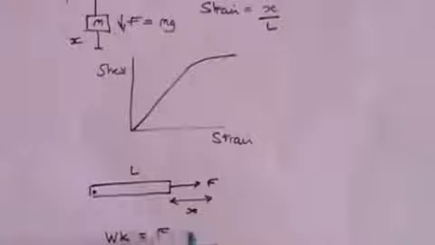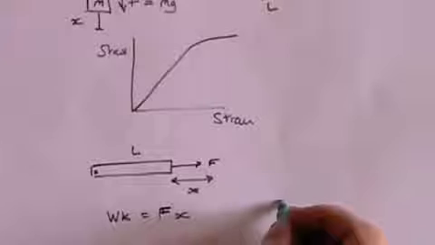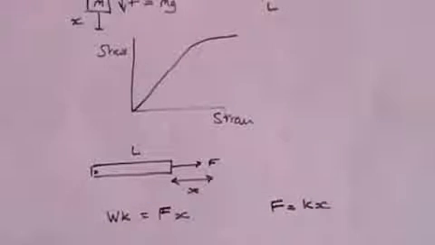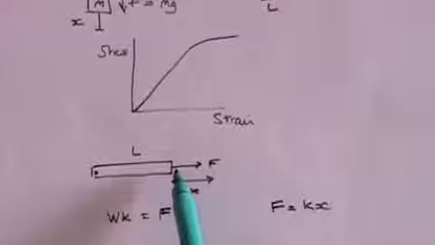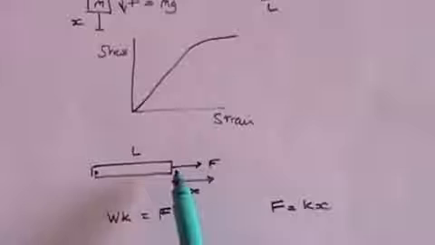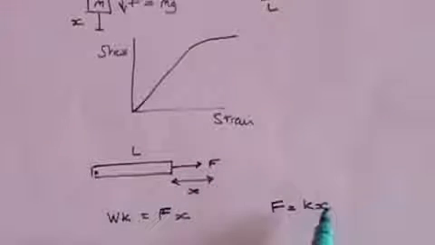Well, the work is the force times the distance. But remember that the force is not constant, because force equals kx. That's Hooke's law. So as you begin to extend the elastic, you will need to put an ever greater force to get it to stretch, because the greater x, the greater the force.